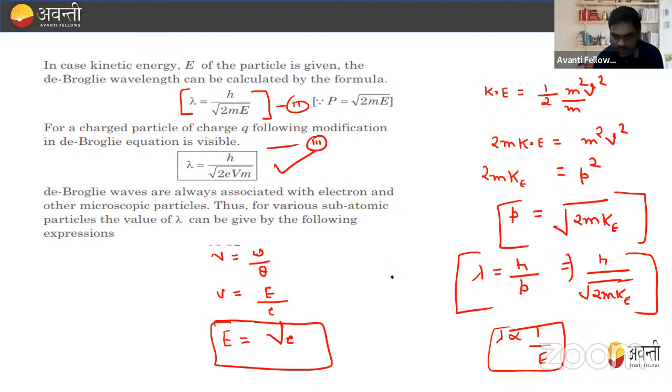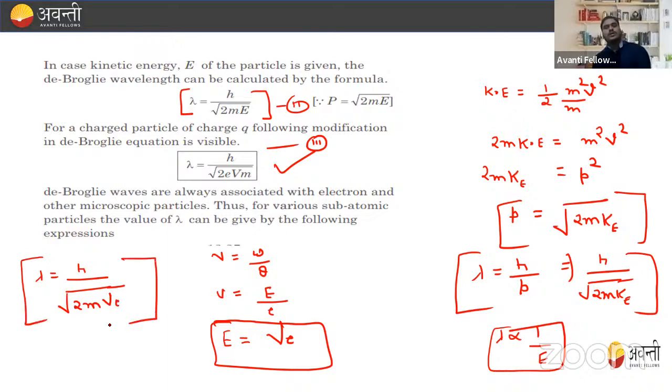Now put this value. So what will you get? You'll get lambda is equal to h over the square root of 2m, and instead of E, we put the value of Ve. So this is the formula of wavelength in terms of potential, or we say voltage, right?